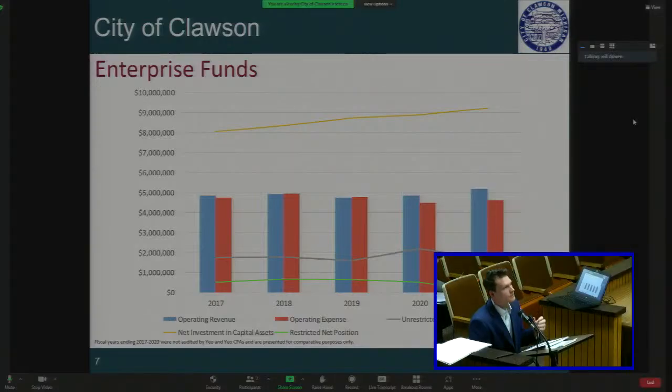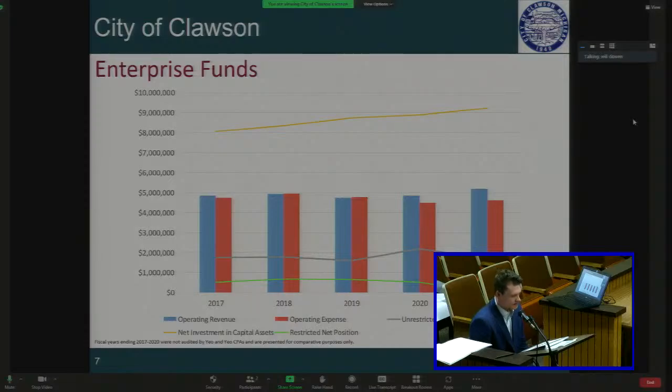Typically what we'd like to see is for those to more or less mirror each other to make sure that you can tell that rates are in line. When you start to see a trend of expenses exceeding revenues, that could be a good indicator that the water and sewer rates, for example, may not be appropriate and may need a rate study done, or that maybe something isn't being charged out correctly.